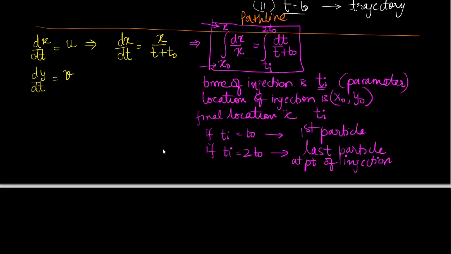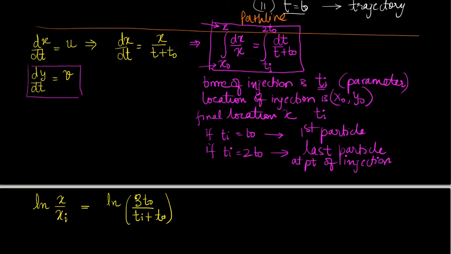We can integrate it, so it gives ln x upon x i is equal to ln 3 t naught divided by ti plus t naught. Similarly, we can integrate this particular equation, because dy dt is equal to the y component, which is a constant.